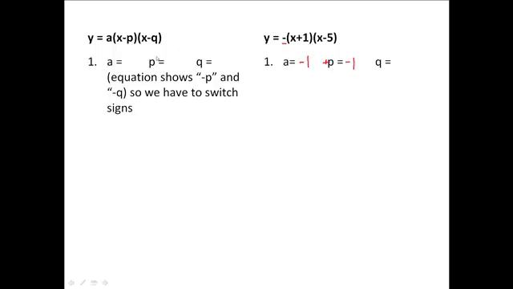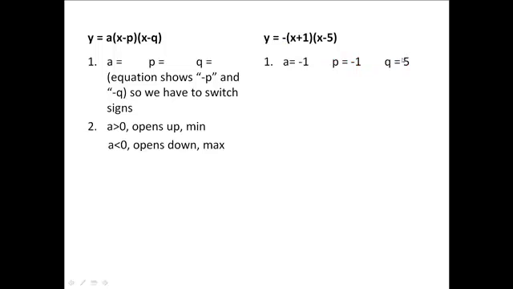Q, same thing. Over here it's a minus q, and here we don't have a negative, we have a positive. And so we need to flip the sign to keep things straight. So once we have broken down the equation, then we can say once again, if a is positive, it opens up and has a minimum, and if a is negative, it opens down and has a maximum.